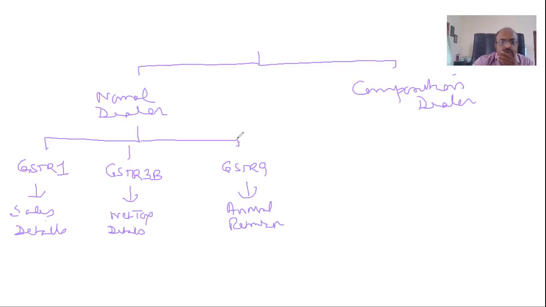And there is one more, GSTR 9C, which is the audit report. That is only in certain cases it will come.